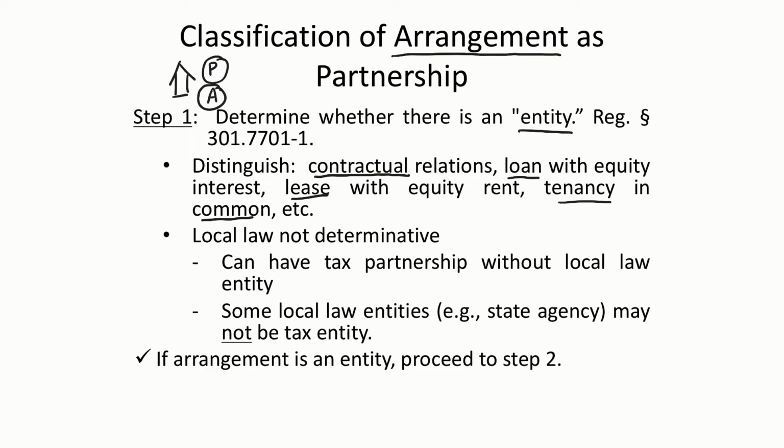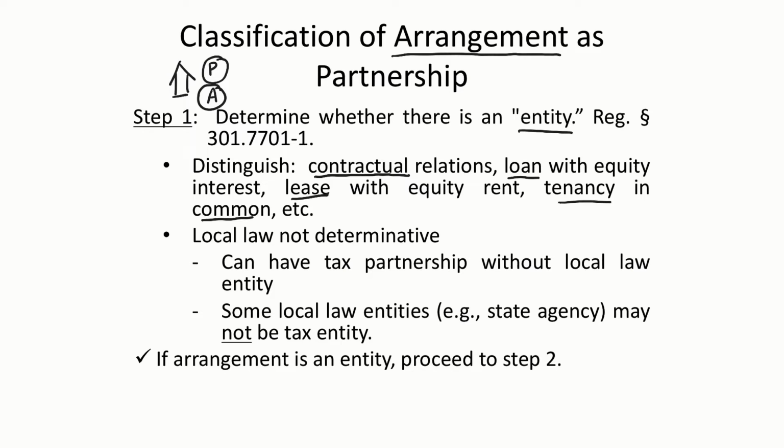But they don't have any entity under state law. They haven't filed with the state of Florida or any other state to be a partnership, corporation, nothing. So, federal tax, the first question, is there an entity?